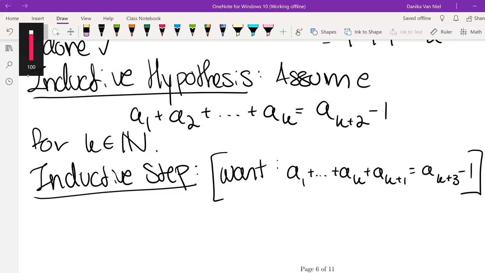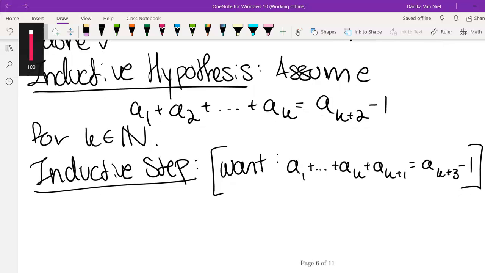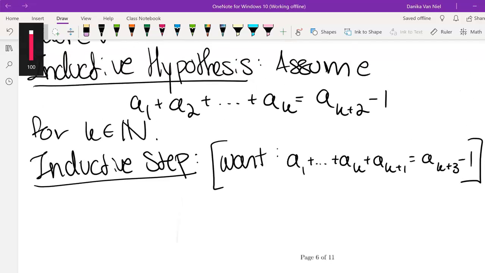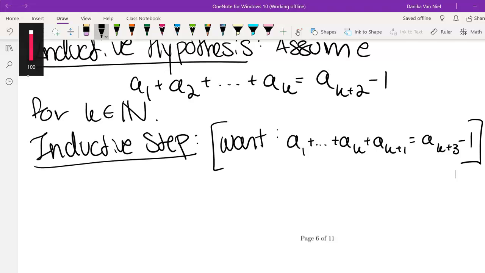So let's start with the left side, probably. You could do either way. It's not going to really make a difference. It's just whichever side's easier for you. I like long summations.